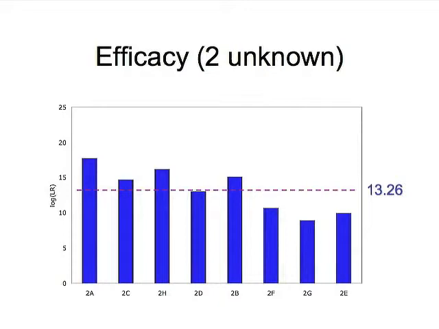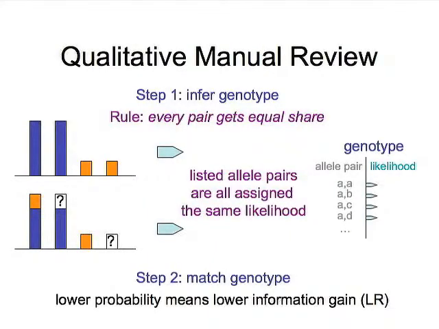So that's the efficacy. Now there's a qualitative review that people do. And you may find it hard to believe, but what people really do is they take all the quantitative data, peak heights at 120, peak heights at 2,000, peak heights at 50, and they draw a line through the whole thing that's set by looking at a whole bunch of unrelated cases in their lab.